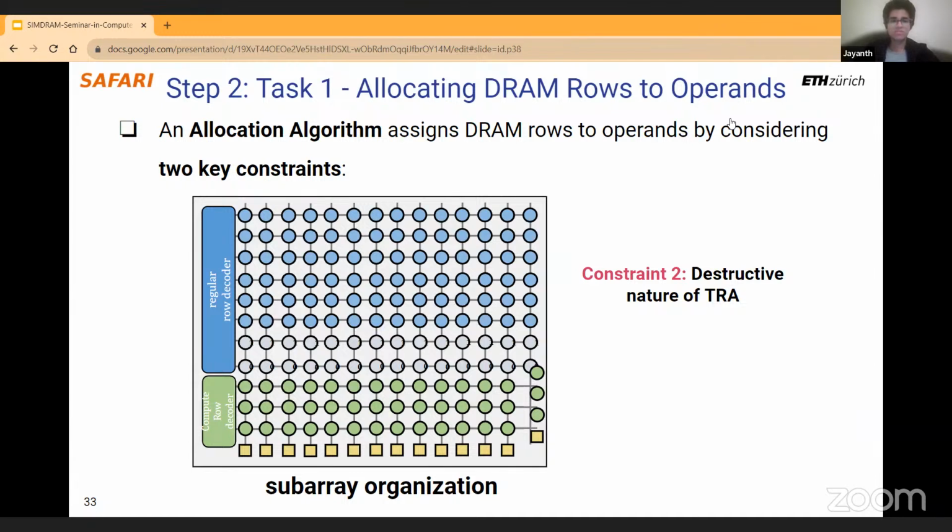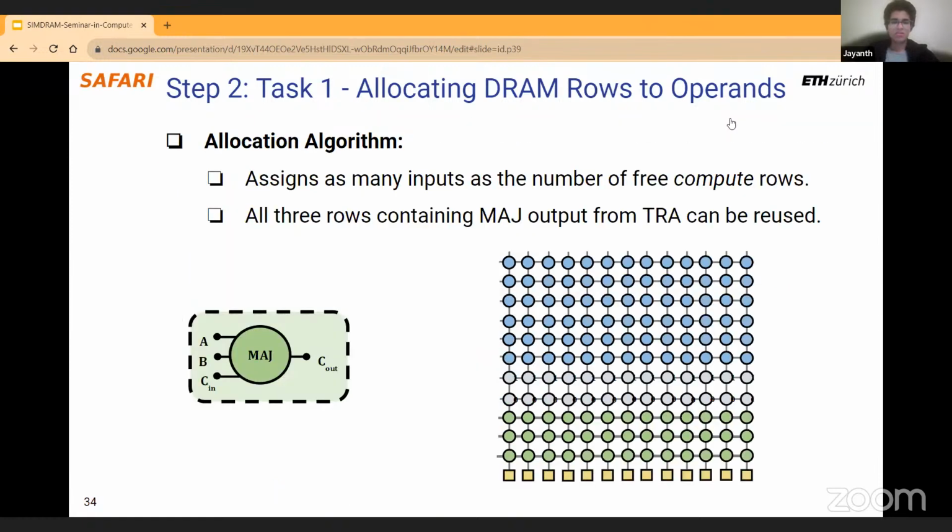These are the two constraints considered by the allocation algorithm, and it does the following. It tries to assign as many inputs as possible to the available reserved compute rows. And for the rows that would be overwritten with the majority output from the triple row activation, the algorithm tries to reuse these rows as needed.